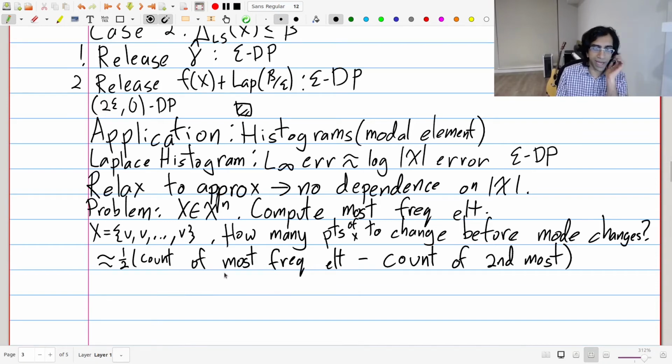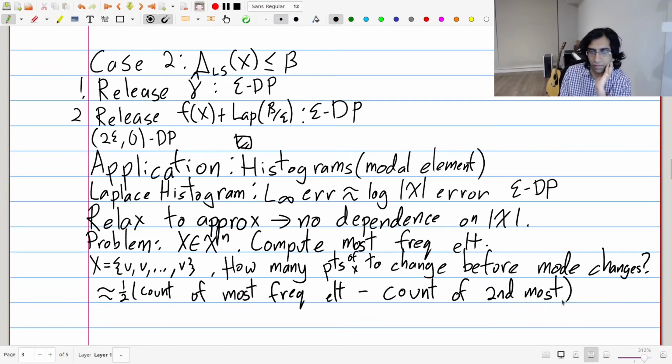You'll note that this is also equal to the number of points, roughly plus or minus 1, you have to change before the sensitivity increases. In particular, the local sensitivity is going to be 0 when you have a very clearly defined mode, where there's a gap of at least 1.